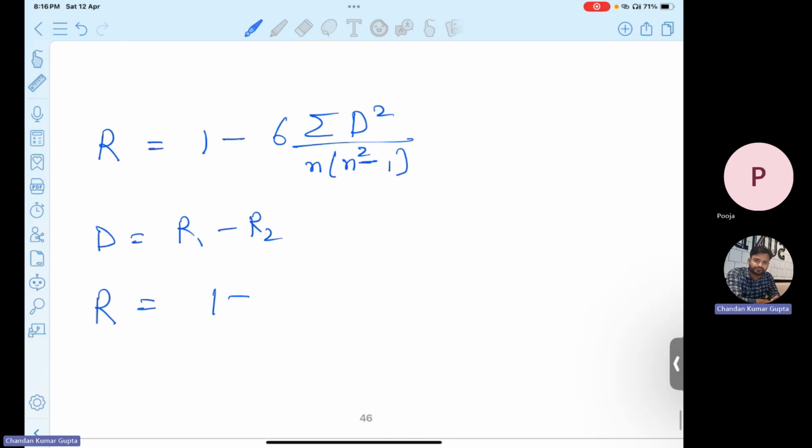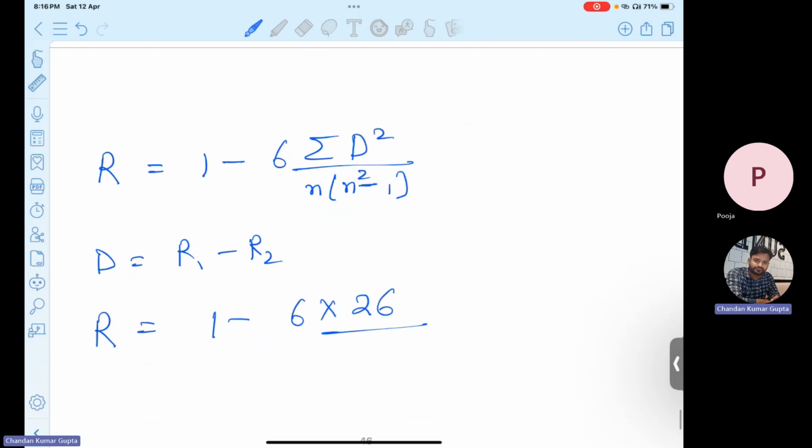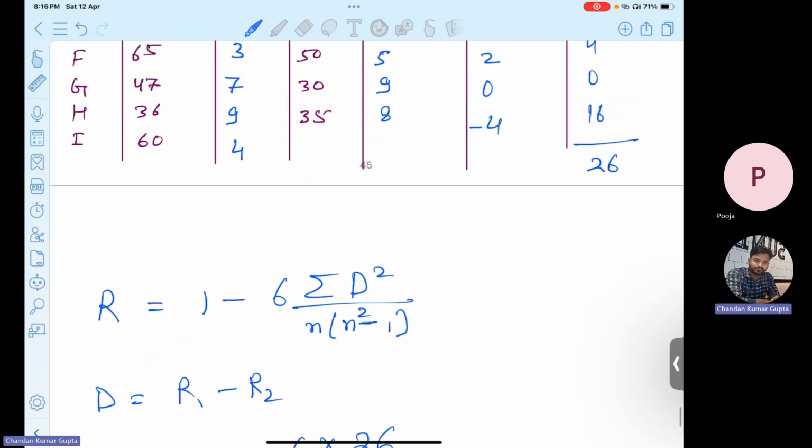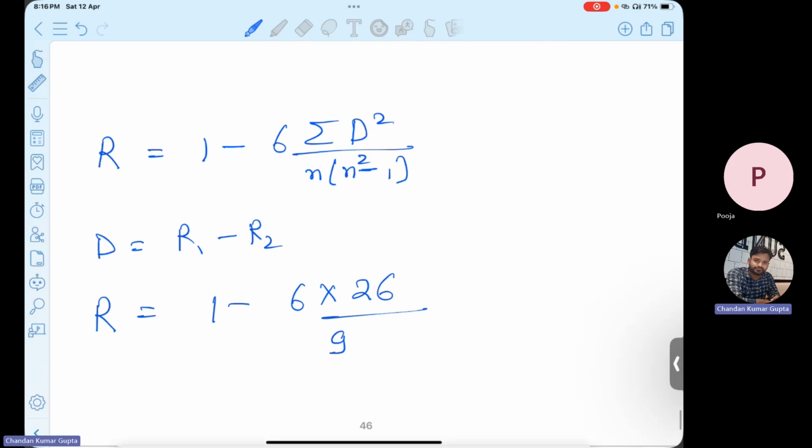So r is 1 minus 6 into the summation of d square, which is 26, divided by n, which is 9, so 9 into 9 square, which is 81, minus 1, that is 80.